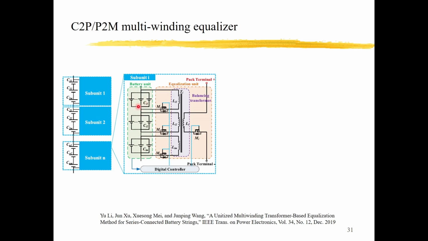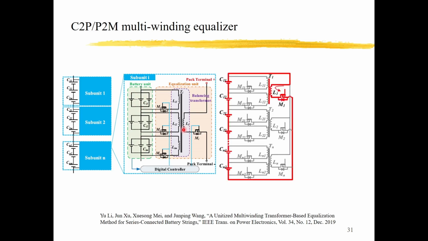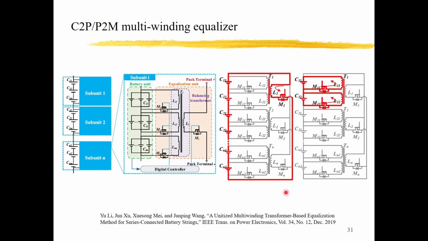The lower voltage cell will accept more energy. So this is one of the operations. If we turn on this switch, the energy will be supplied from the whole pack, and then transferred to the cells inside the modules, in these two figures.